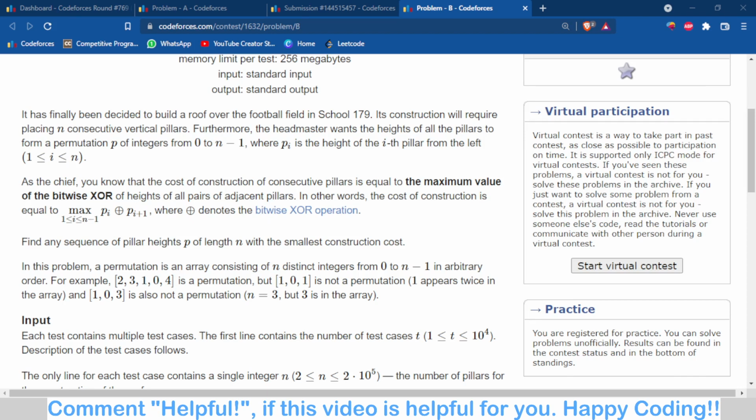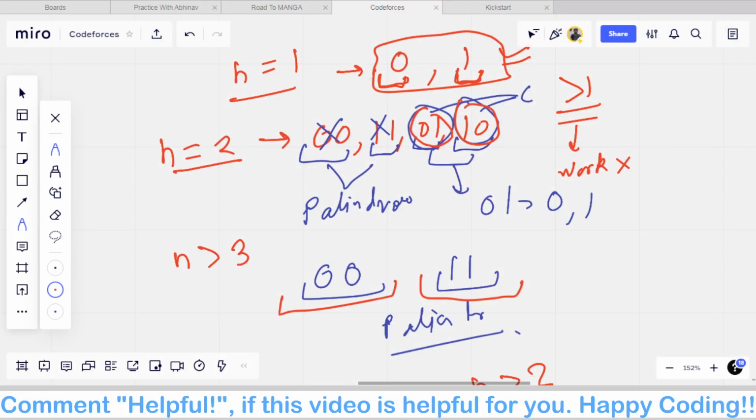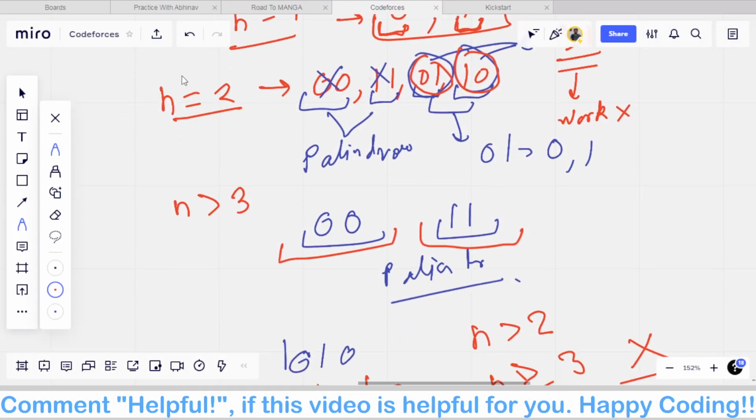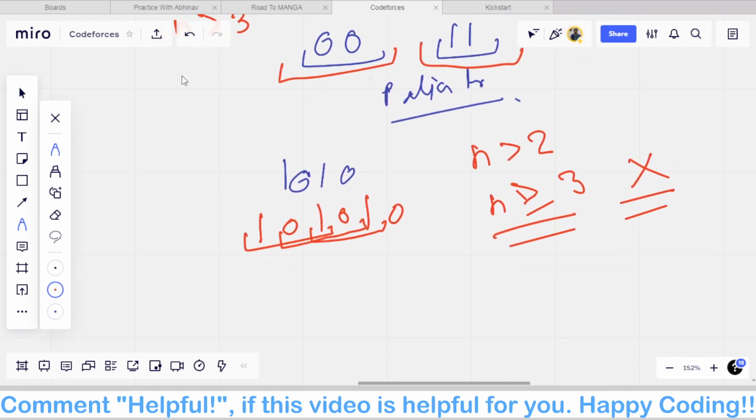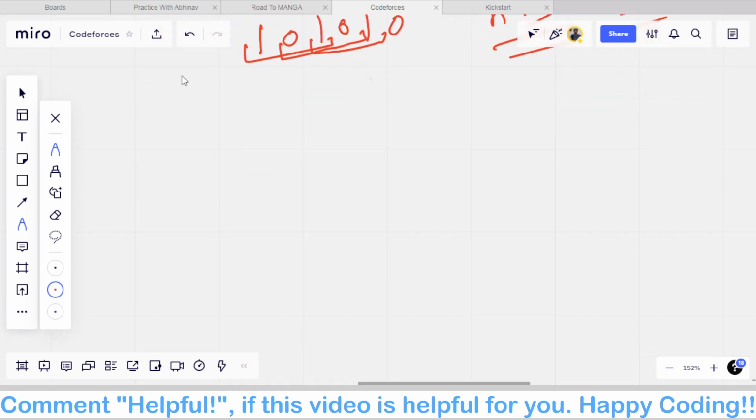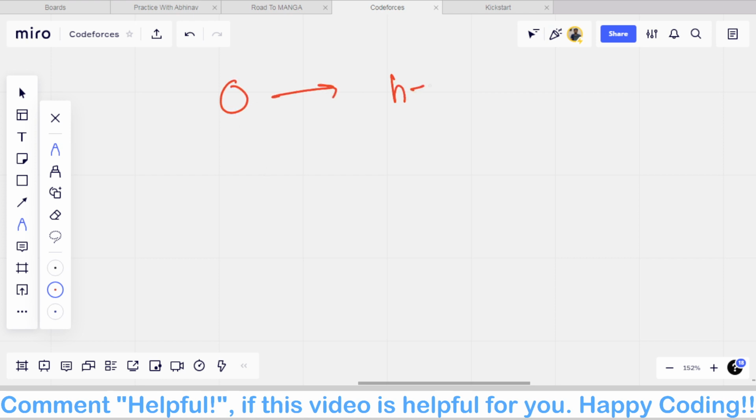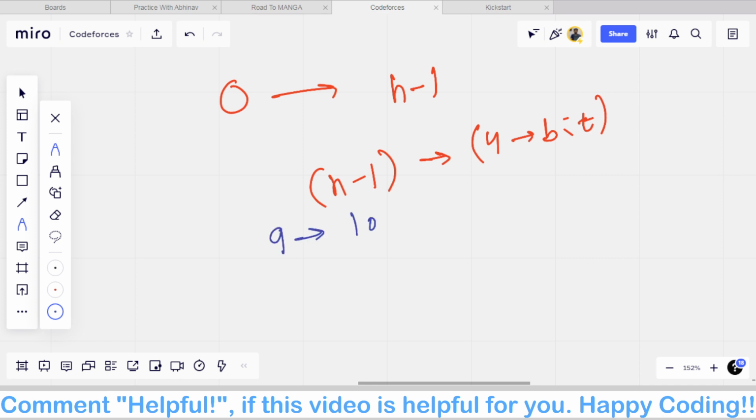Okay, so for understanding we will move towards the whiteboard. First of all we have to observe one thing. Whenever we have to arrange these numbers, 0 to n minus 1, suppose this n minus 1 is a 4-bit number. What is a 4-bit number? A 4-bit number means that, for example, if we write 9 in its binary representation, it will be 1001.